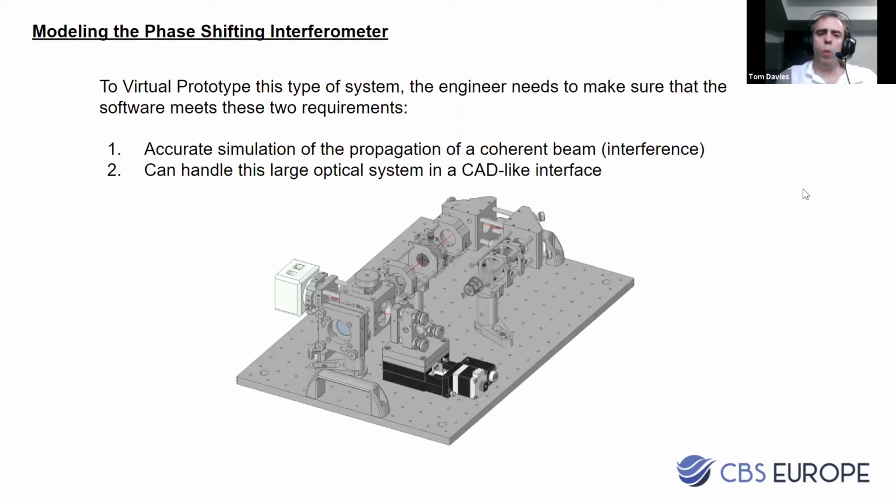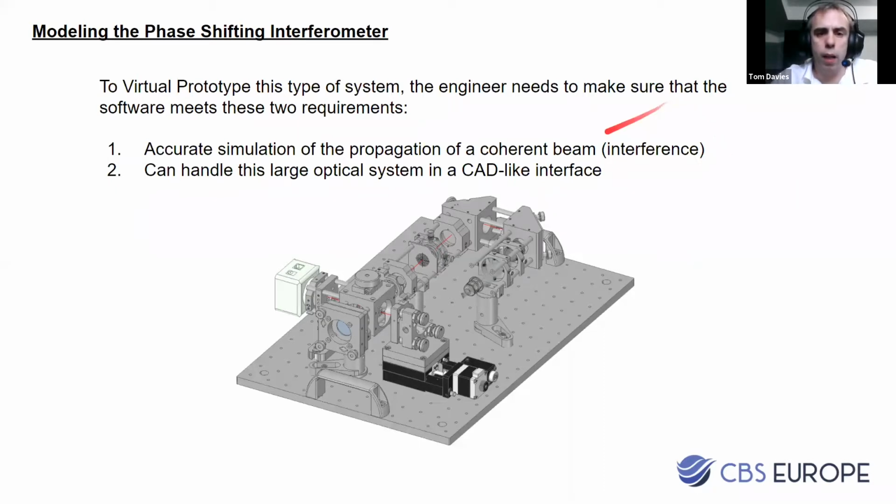Now, before we virtual prototype this system, we need to make sure that the software we're going to use is suitable, and there's a variety of different optical engineering software out there, of which FRED is just one. But there are two requirements that are absolutely essential for virtual prototyping a system of this size.